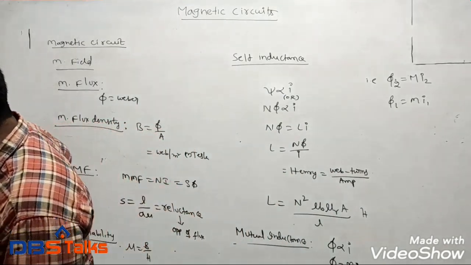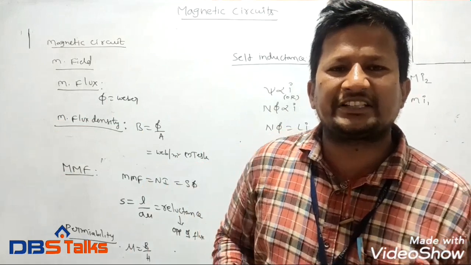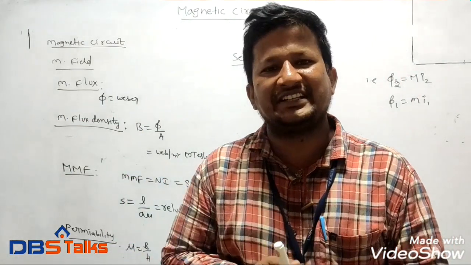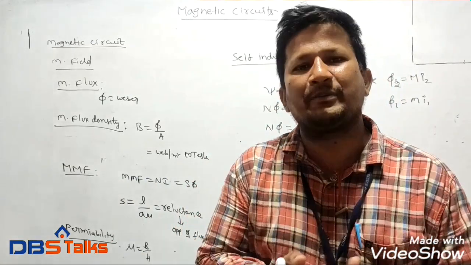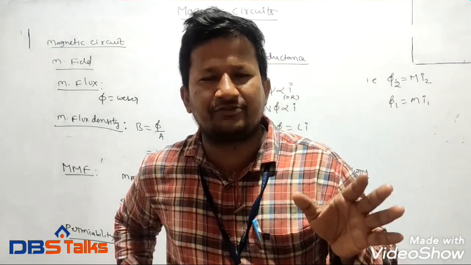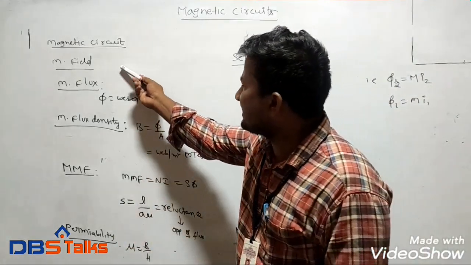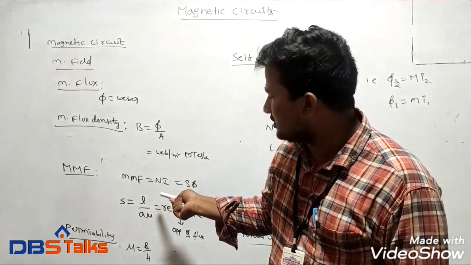Another one is MMF, magnetomotive force. Magnetomotive force is the force experienced by the poles, either north pole or south pole, offered by the flux. Whenever the force is experienced by the poles due to the magnetic flux lines, it is called MMF, magnetomotive force.